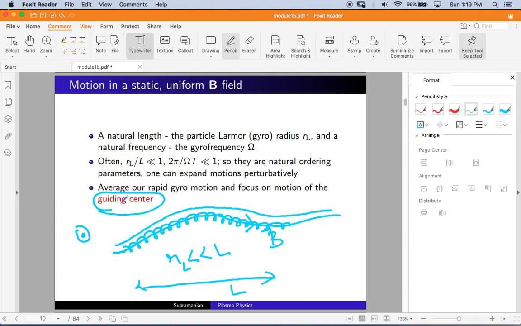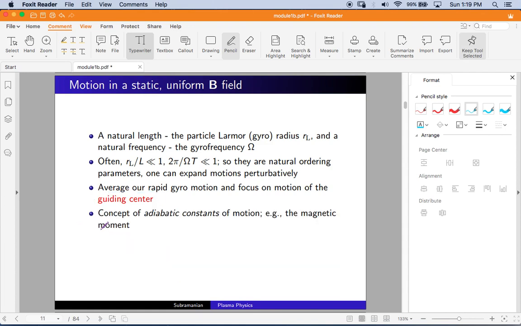When you write it down mathematically, it's important to keep all the algebra disentangled in your mind and understand what you're doing, obviously. But this is what we will be aiming towards. We will also talk a little bit about the concept of adiabatic constants of motion. So let's skip over this for the moment.